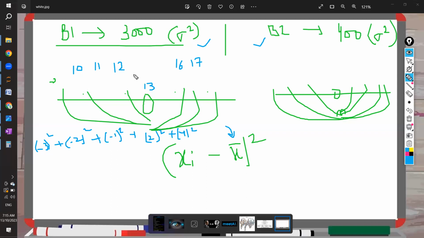If the numbers are very near each other, the difference between the mean and those numbers will also be small, and all these values will be almost near each other, that means 3 square, 2 square.